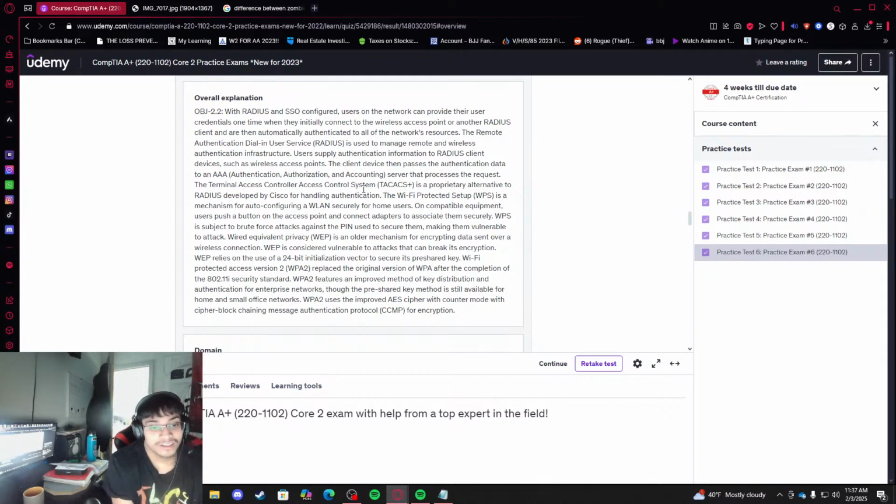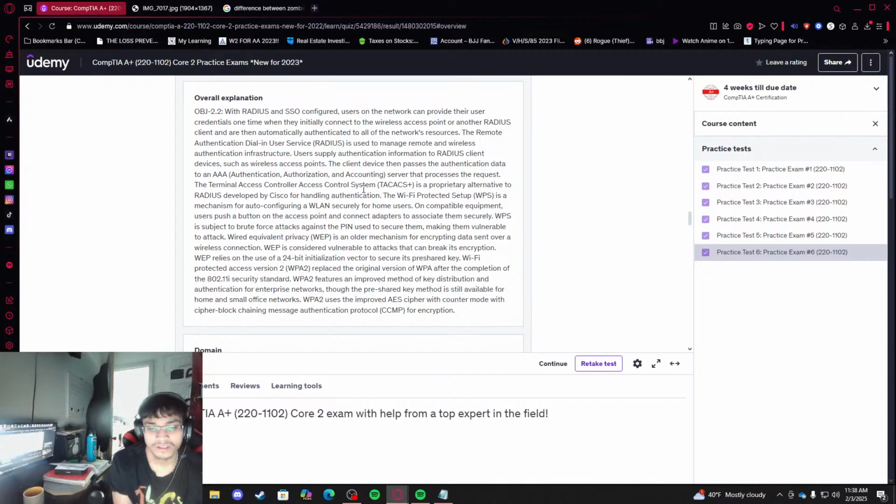WEP relies on the use of a 24-bit initialization vector to secure its pre-shared key. WPA2 replaced the original version of WPA after completion of the 802.11i security standard. WPA2 features an improved method of key distribution and authentication for enterprise networks, though the pre-shared key method is still available for home and small office networks.